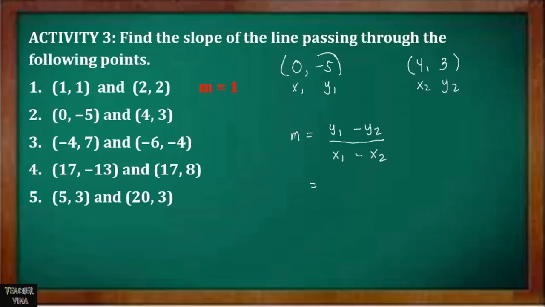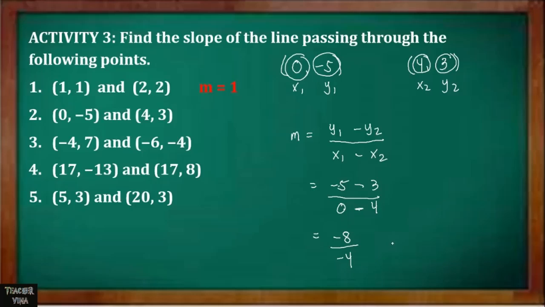Ang y sub 1 ko ay negative 5 minus y sub 2 ko ay 3 over x sub 1 ko ay 0 minus x sub 2 ko ay 4. So, solve. Yung nasa taas muna. Negative 5 minus 3, that's negative 8 over 0 minus 4, that's negative 4.